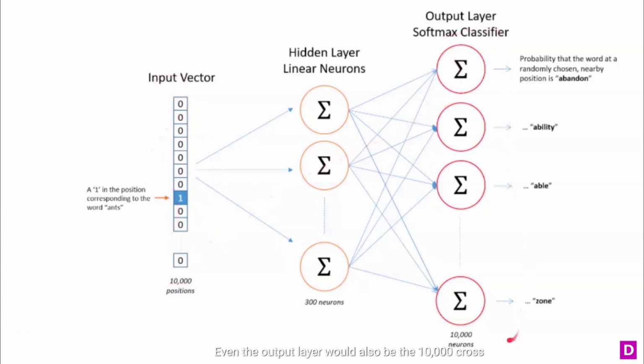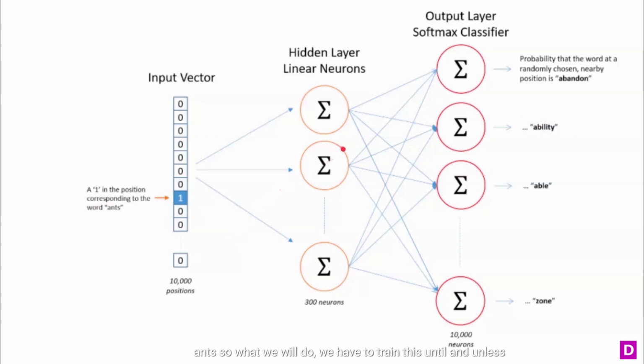Even the output layer would be 10,000, but the difference is that the output will have contextual words. Based on a large corpus of text, we got the output as ability, able, and zone as different contextual or neighboring words for the word ants.